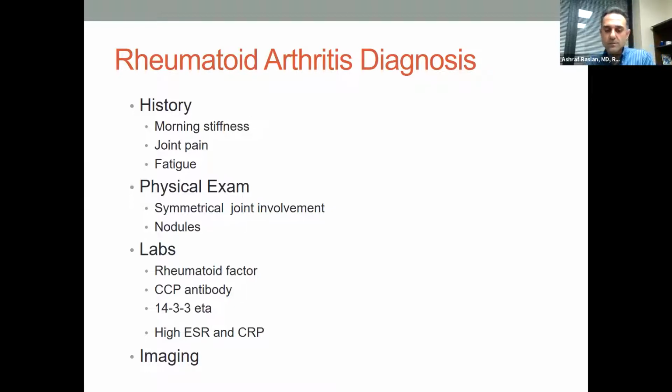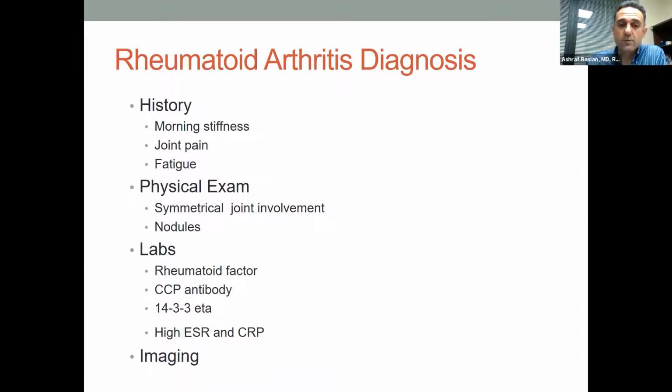On exam, there are many clues for rheumatoid arthritis. We could see that someone has swelling in their hand joints. We see that both sides are affected the same. We see what we call rheumatoid nodules. So these are indications that someone has rheumatoid arthritis. In addition to that, we have many indications in the blood.